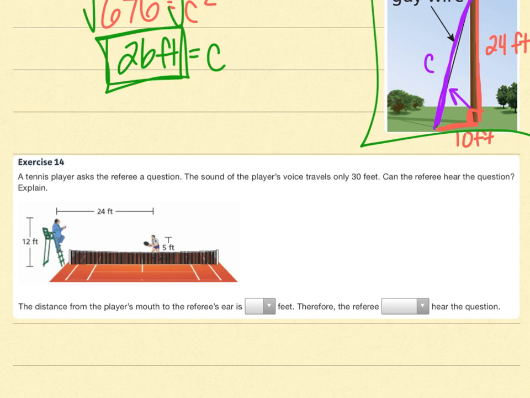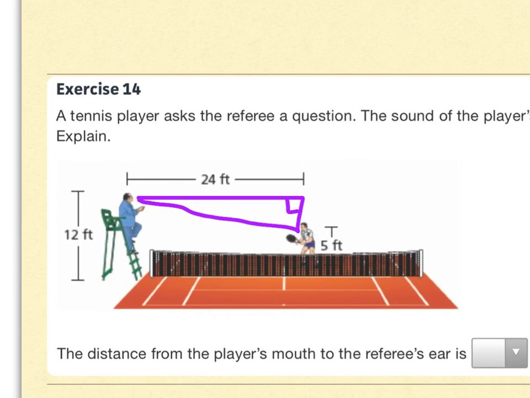And so what we're going to do is form a right triangle from that. That's a really bad looking one. Let me try this again. There we go. That's a little bit better. And we're going to find out if the referee can hear his question. And so I need to know what the leg is of this triangle.